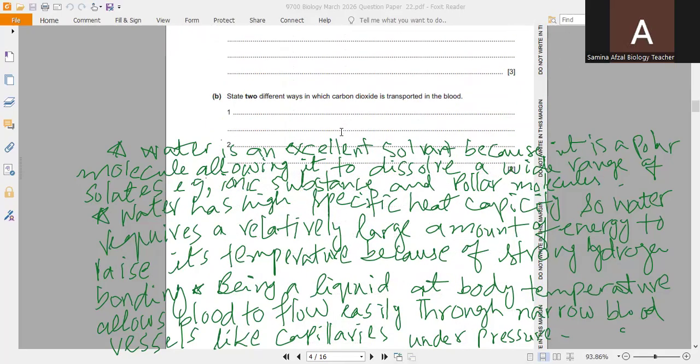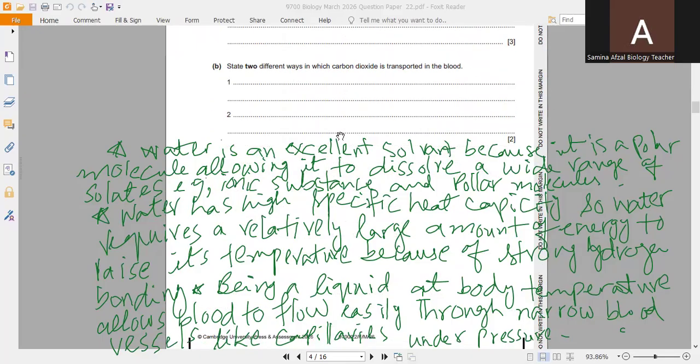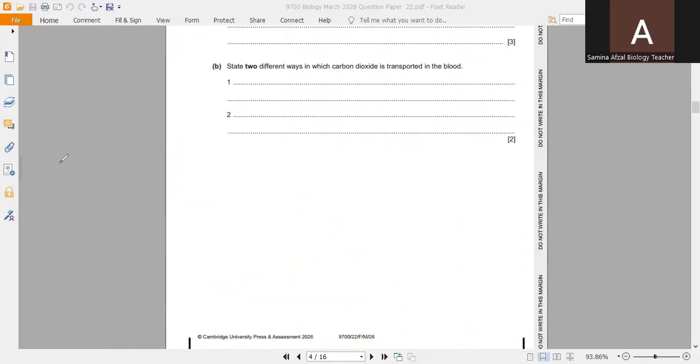The B part of this question is: state two different ways in which carbon dioxide is transported in the blood. So students, the carbon dioxide is transported as hydrogen carbonate ions, which are dissolved in the blood plasma.